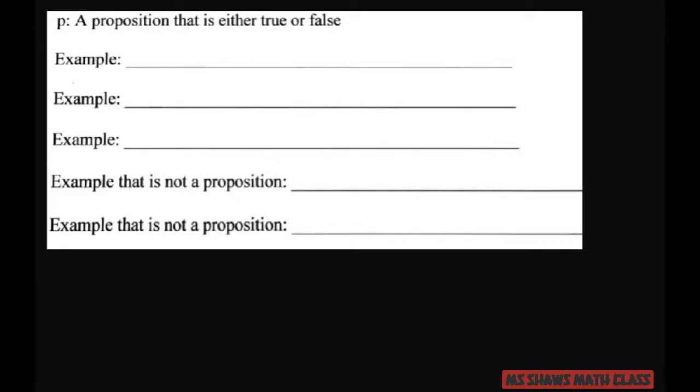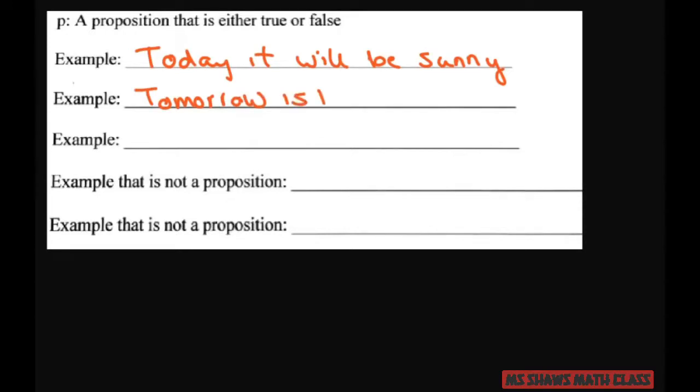That is true. Maybe like today it will be sunny. Tomorrow is Monday. Things like that.